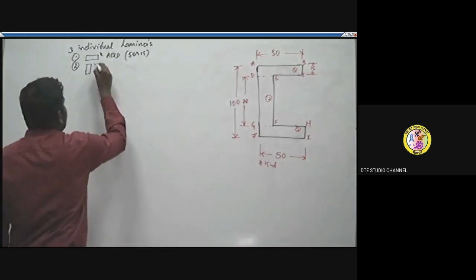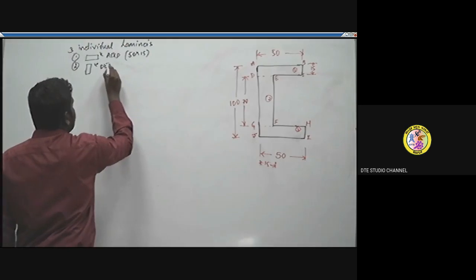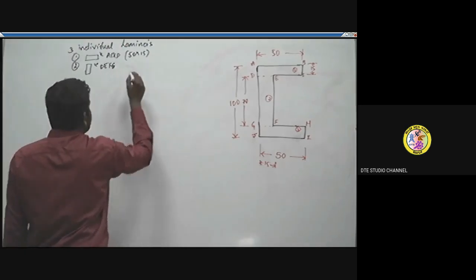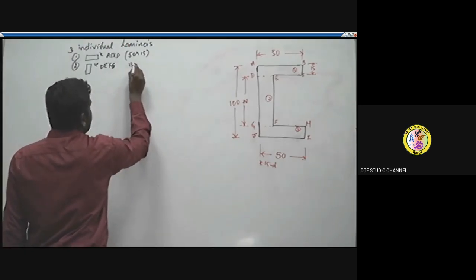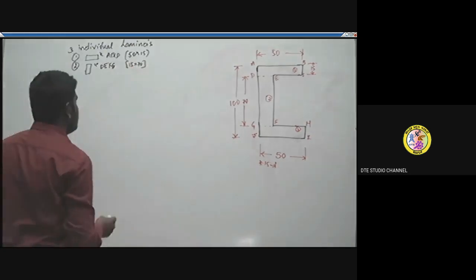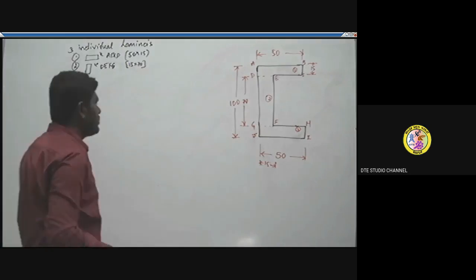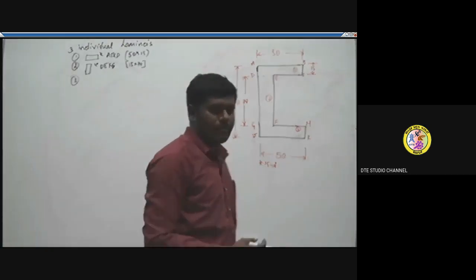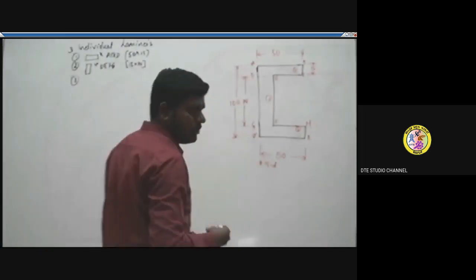So another rectangle, DEFG, has a cross section of 15 into 70. You have to be clear about these dimensions. If you make a mistake in the beginning itself, then the entire problem will go wrong and you will lose marks.